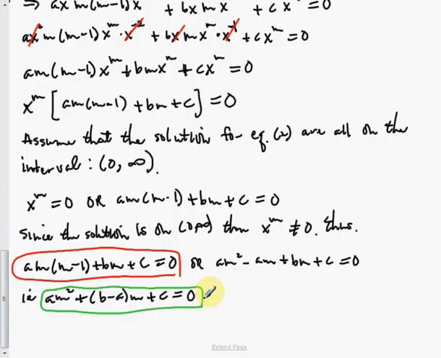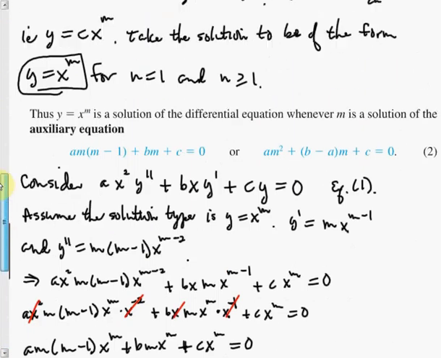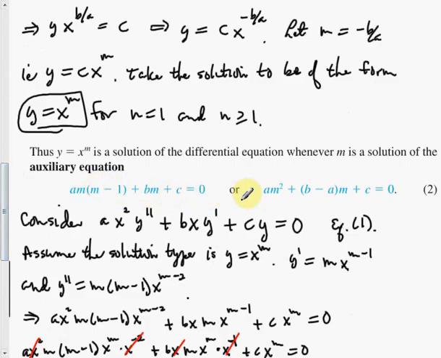These two, what's in red and what's in green, captured there, they're the same. We call this the auxiliary equation. This is equation number 2.